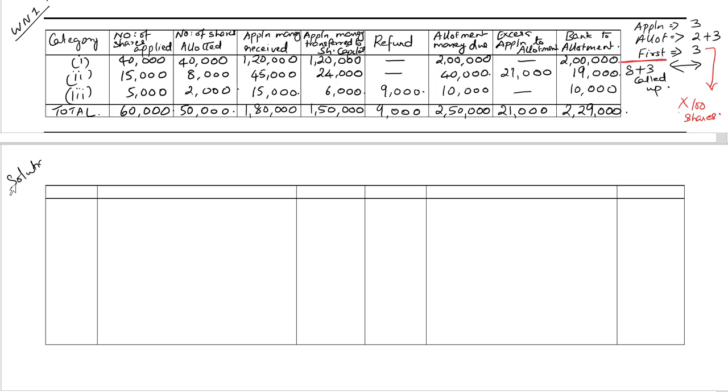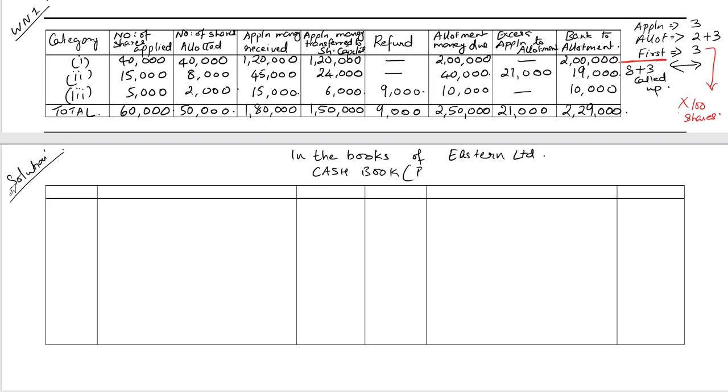Solution. In the books of Eastern Limited, cash book, we will be doing the bank column only. The left side debit side, right side credit side.